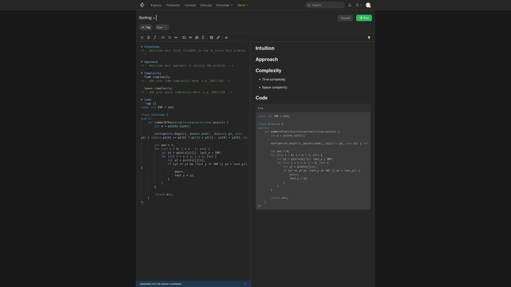Sorting plus counting. I'm gonna steal their names.